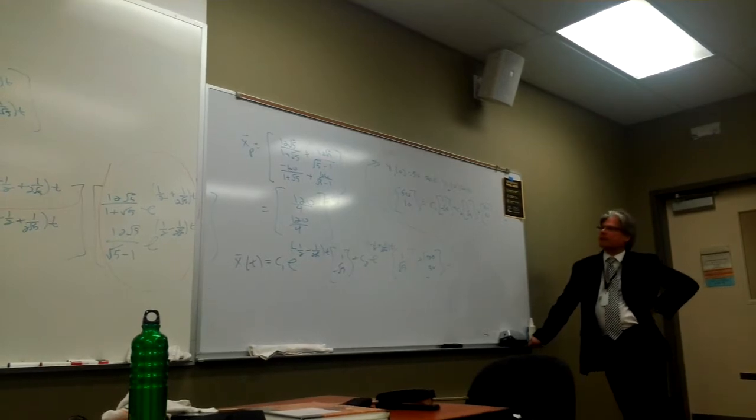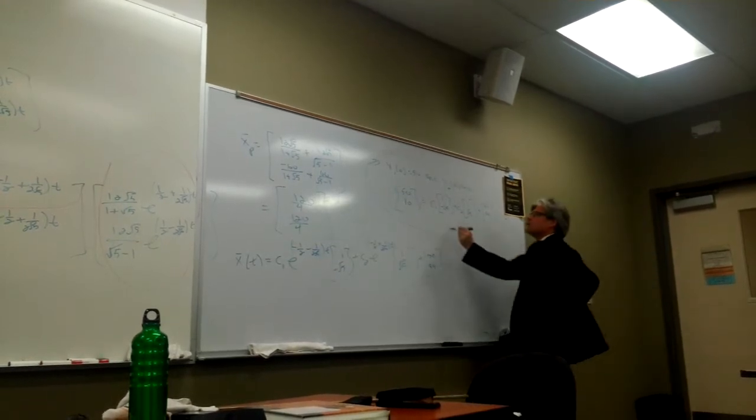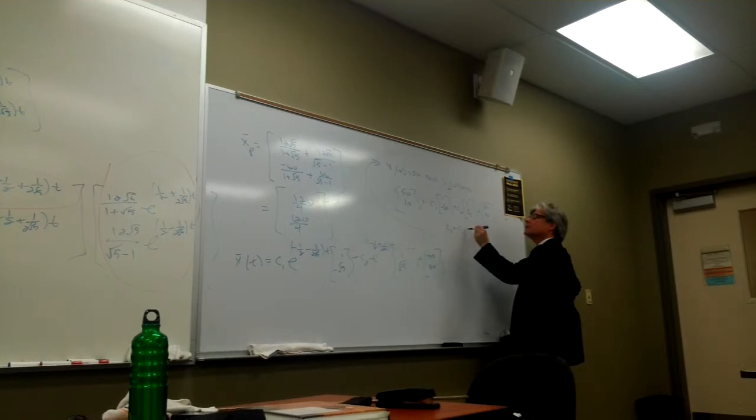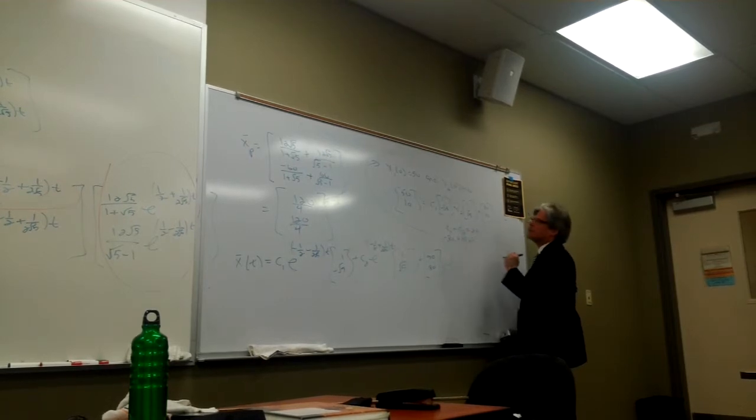Or maybe use my Math B skills. Does that suggest C1 plus C2 is equal to 20 and negative root 5 C1 plus root 5 C2 is equal to negative 20?